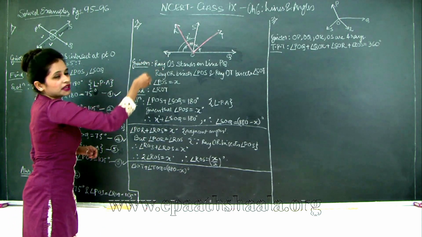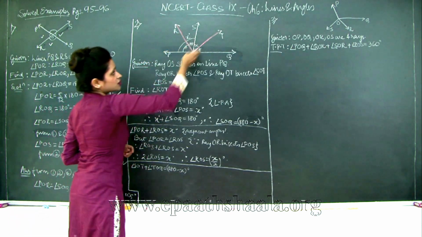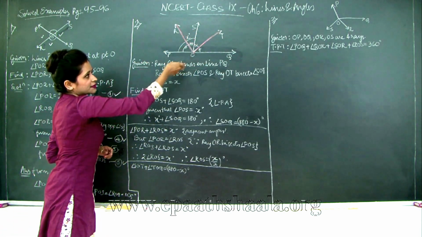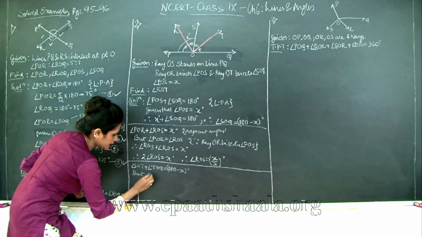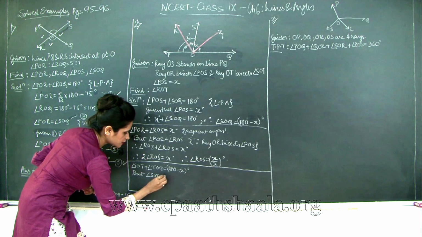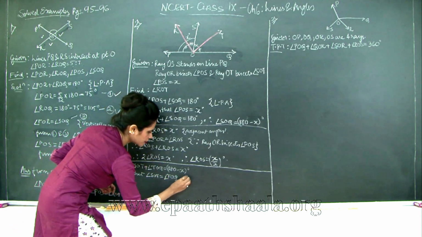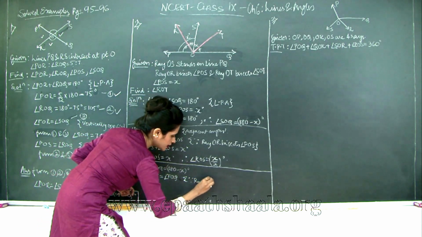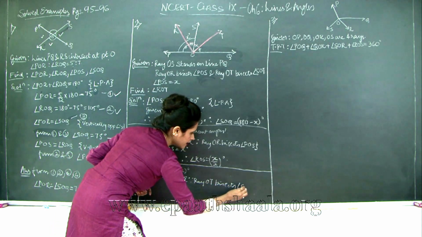But angle SOT and angle TOQ are equal because ray OT bisects angle SOQ. Why? Because ray OT bisects angle SOQ.